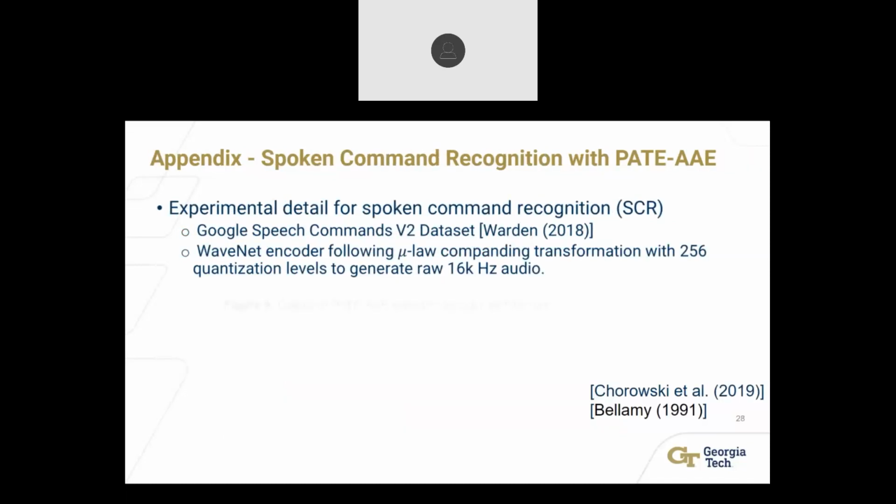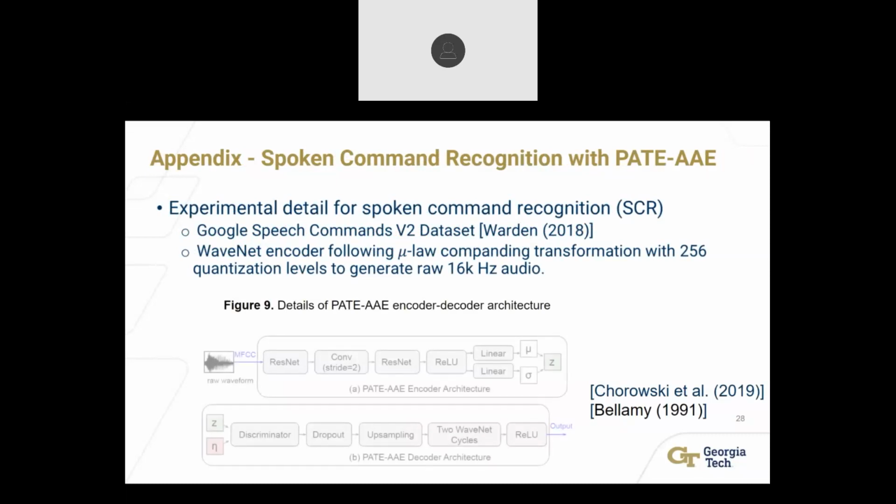All right, so that's the experiment setup. If we look at this architecture, it's basically similar to WaveNet. We can see there's a WaveNet cycle to generate the voice, and then we have this random vector from the discriminator, and finally we have the output.